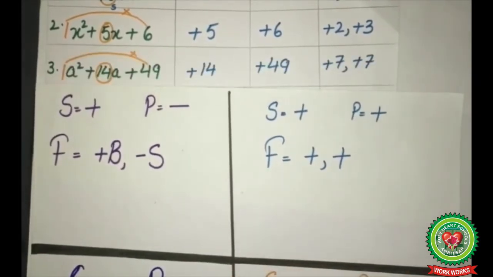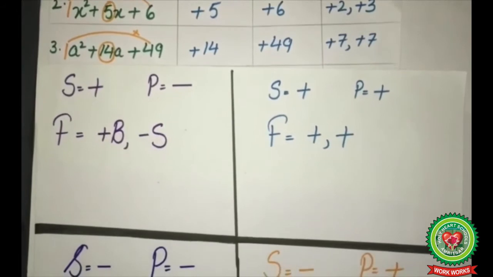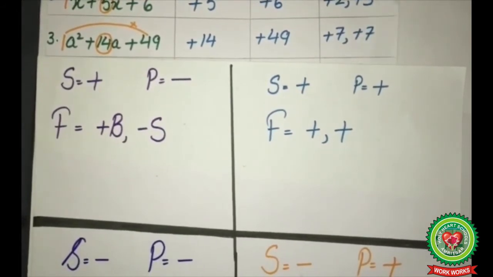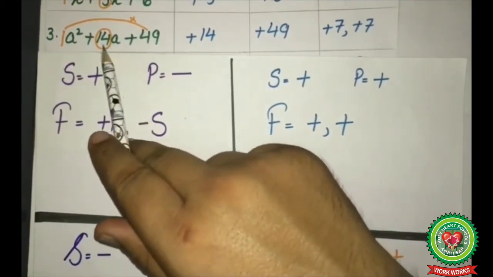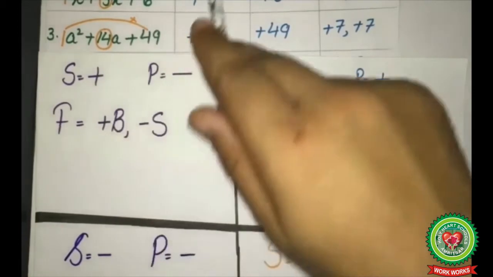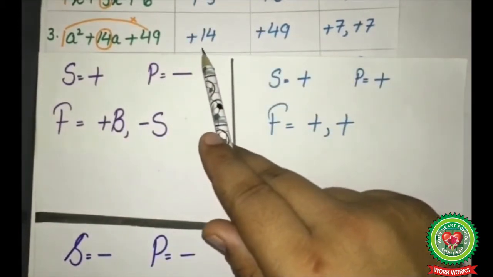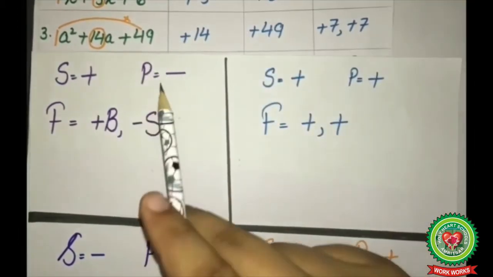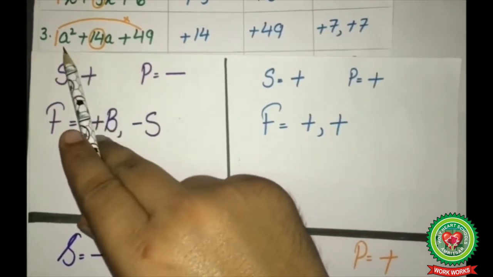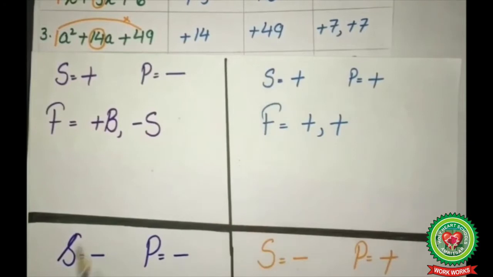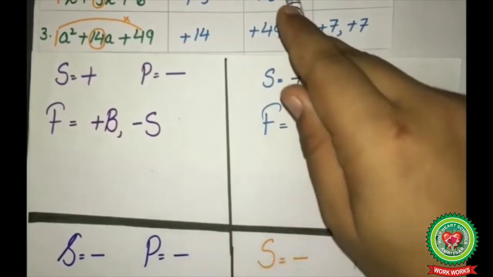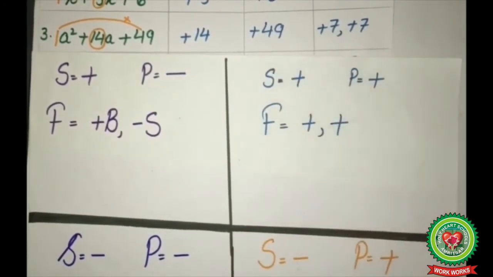The third example that we are going to discuss is a square plus 14a plus 49. Here the coefficient of a is plus 14, so the sum will be plus 14. And the product of the coefficient of a square and the constant term comes out to be plus 49. So the product required is plus 49.